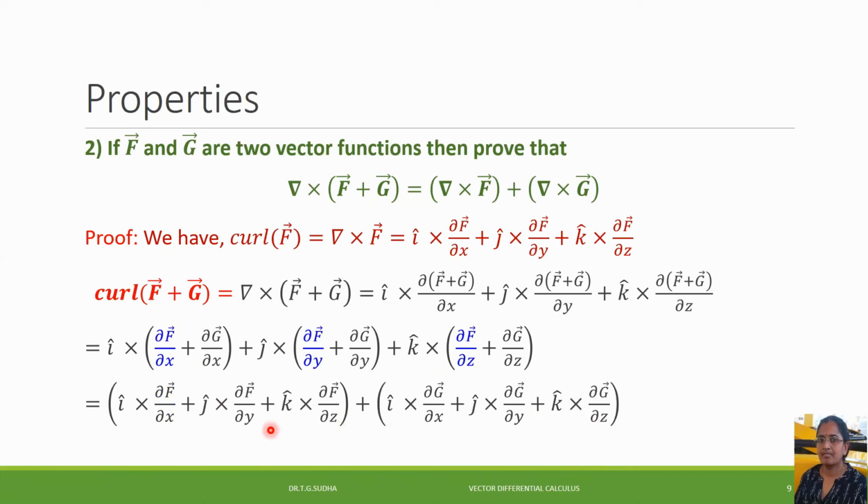The terms within the first bracket are nothing but del cross f, that is curl f, and the terms within the second bracket give us del cross g, that is curl g. Hence we have proved the second property.